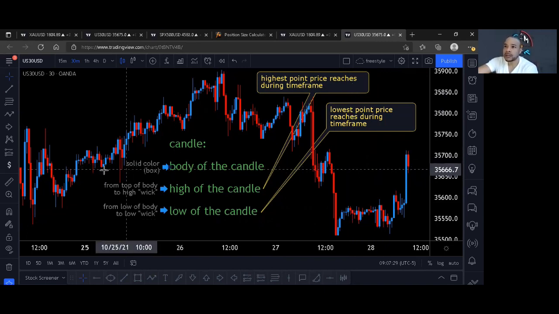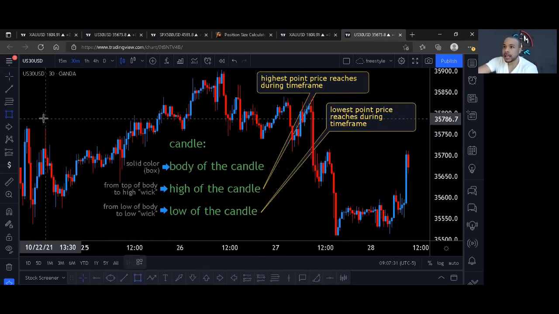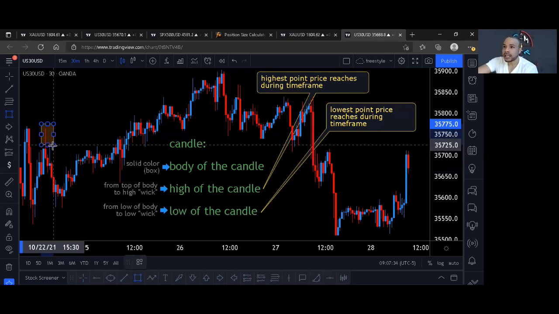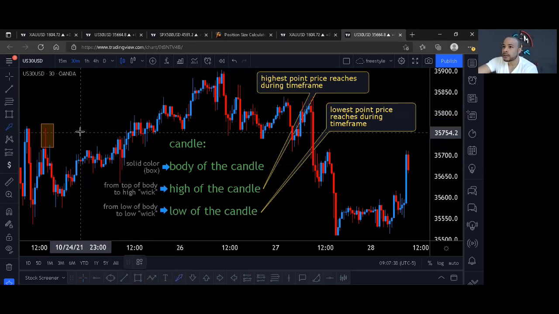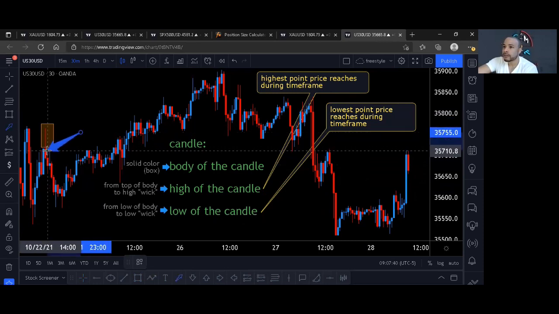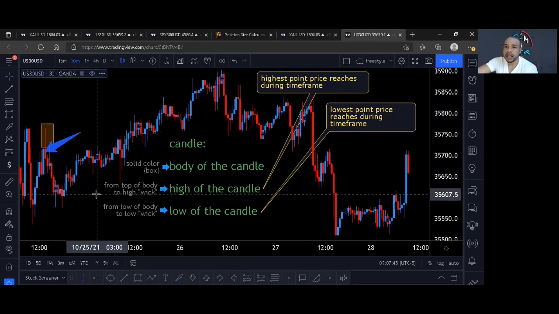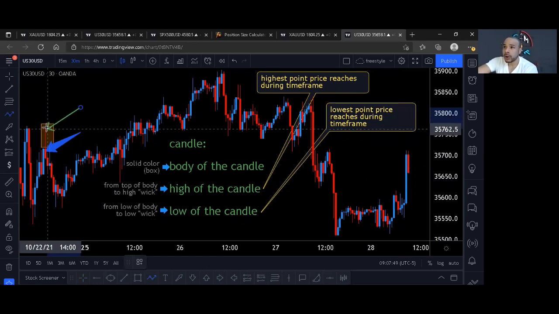When you get these wicks, like this right here, I'm referring to this candle right here, that is telling you price was here, but it's not there anymore. Price later closed lower, because that's the highest point.